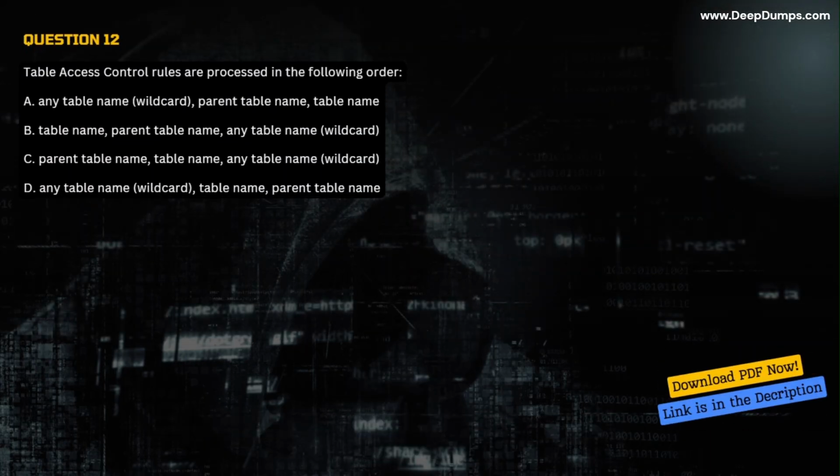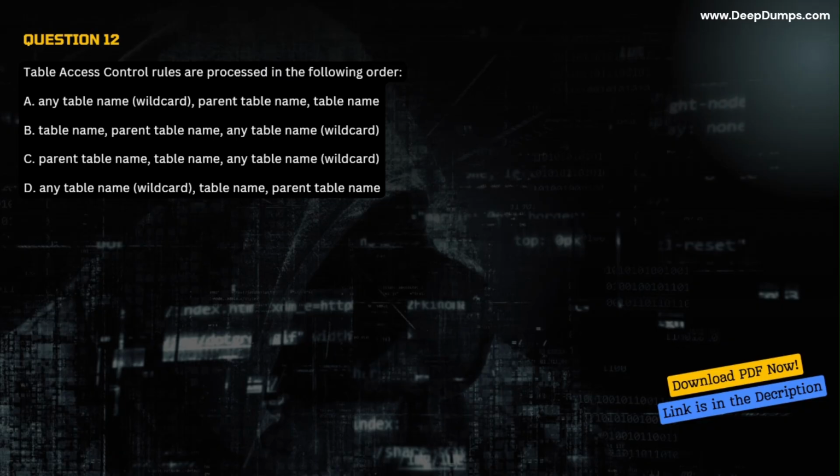Question 12. Table access control rules are processed in the following order. A. Any table name, wildcard, parent table name, table name. B. Table name, parent table name, any table name, wildcard. C. Parent table name, any table name, wildcard.